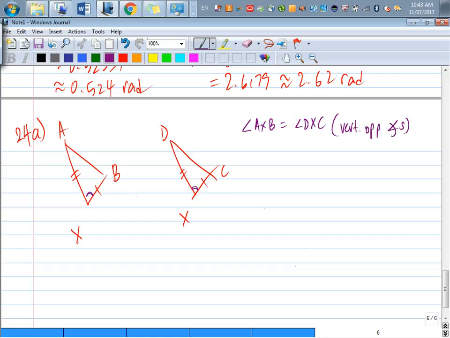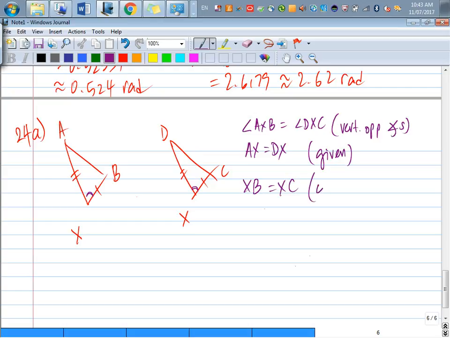Then next, for the side, AX equals DX. What is the reason to be given? Parisha, what is the reason to be given? AX equals DX. Given. It is given.